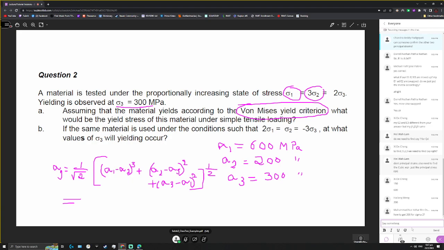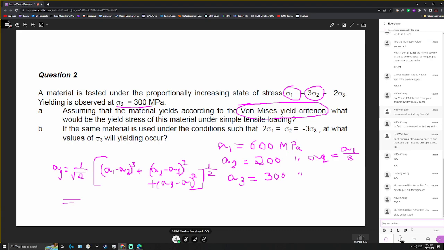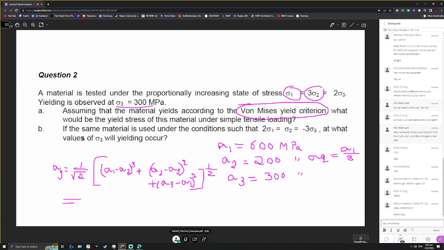How to get 200 for sigma 2? It is given sigma 1 is 3 times sigma 2, right? So sigma 2 will be sigma 1 over 3. Is that clear? So Dicheng is giving the stress as 360.6 megapascals. Anybody to confirm this value?